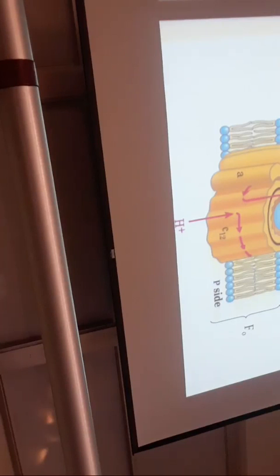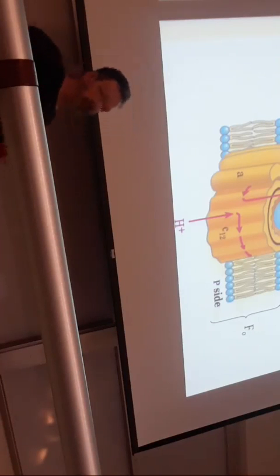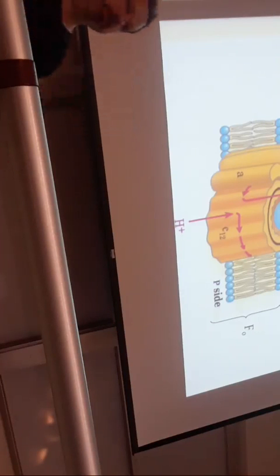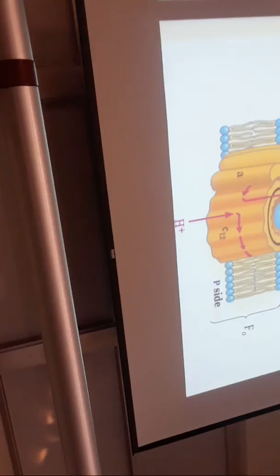And this rotation is very important because it induces conformational changes in the beta subunits, which enable ATP synthase then to phosphorylate ADP and produce ATP.